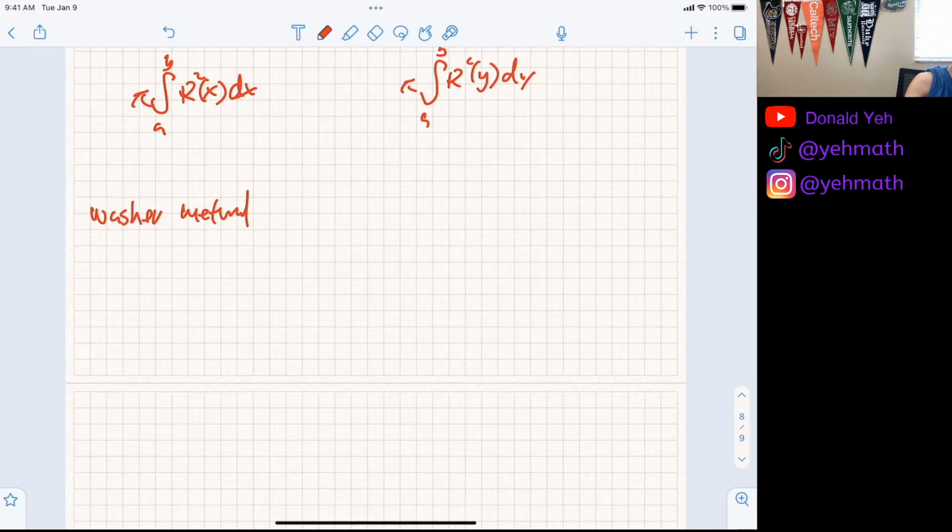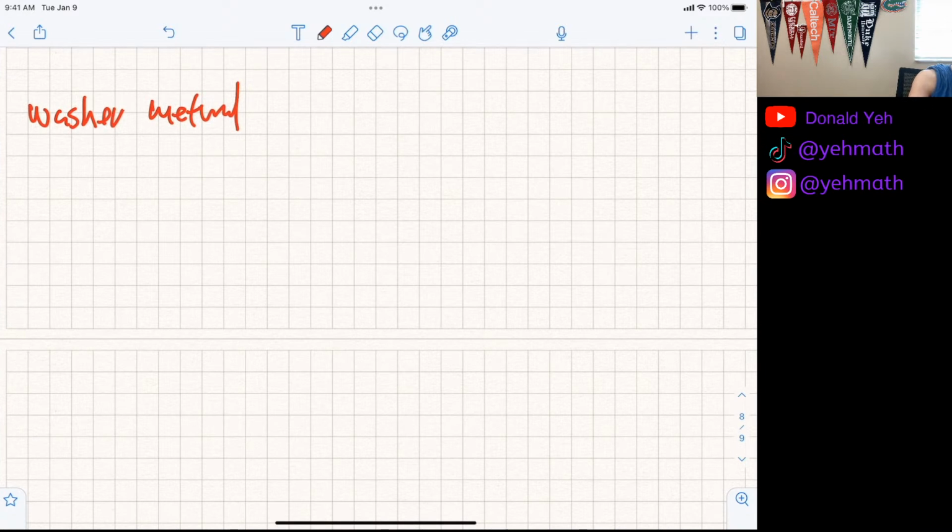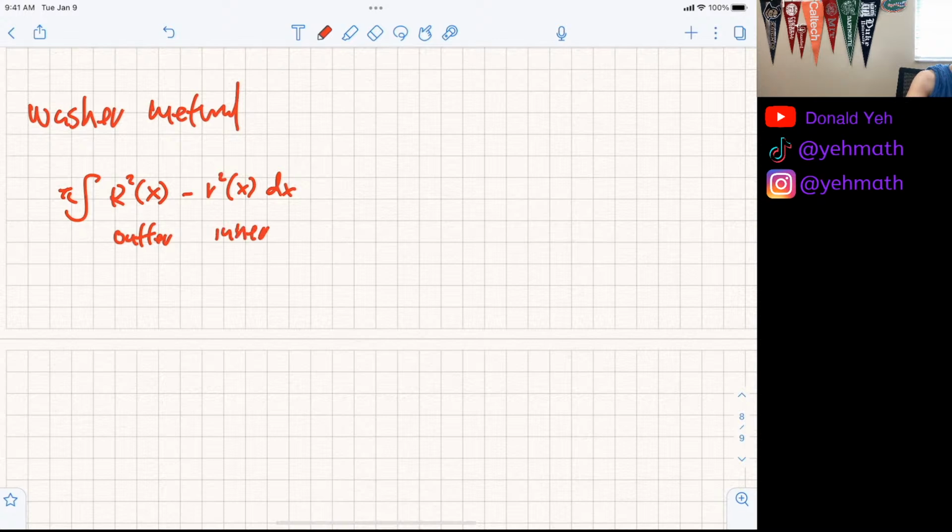Okay, so washer method is gonna be pi times the integral from a to b of r squared of x outer minus r squared of x inner dx, or pi times the integral from a to b of r squared of y outer minus r squared of y inner dy.